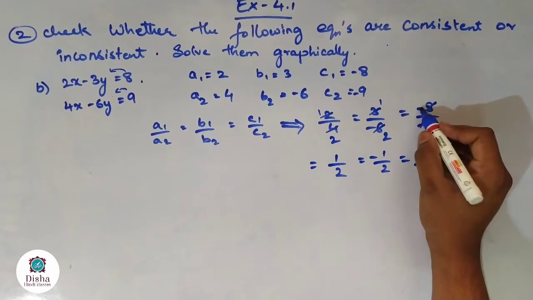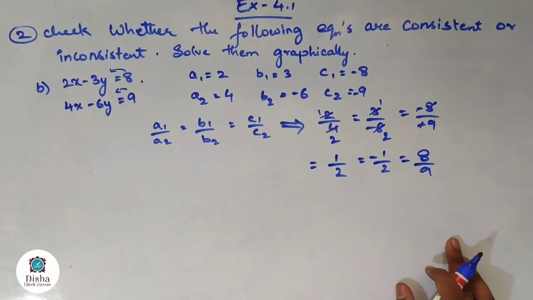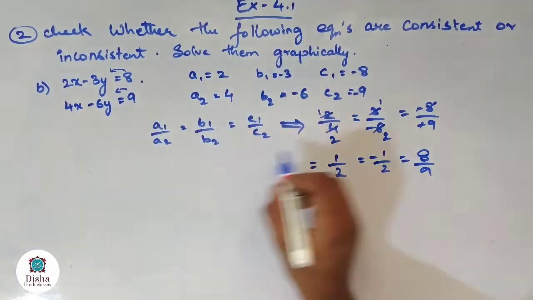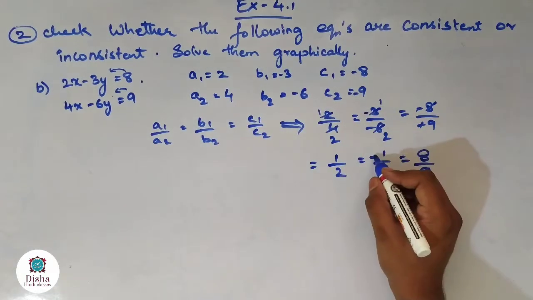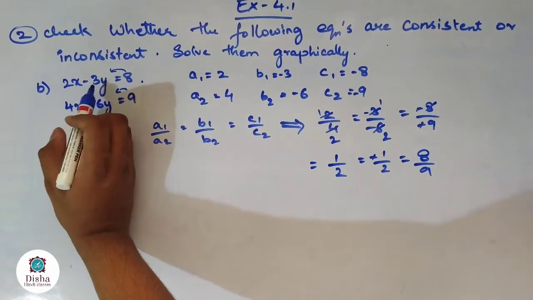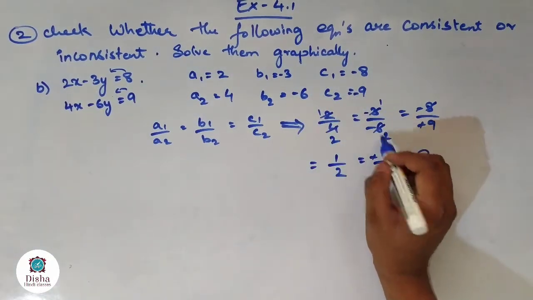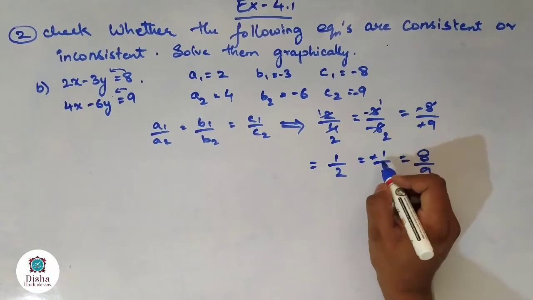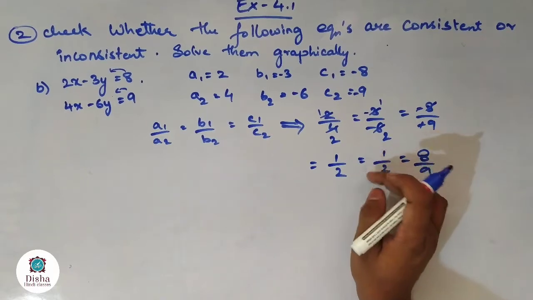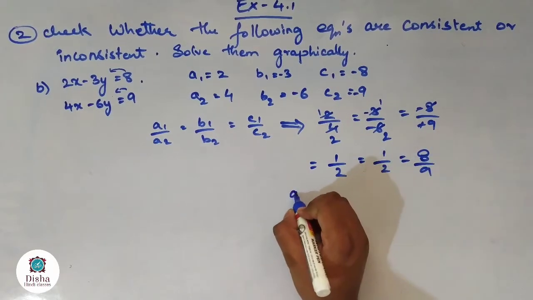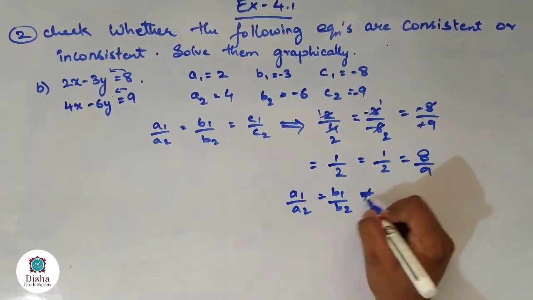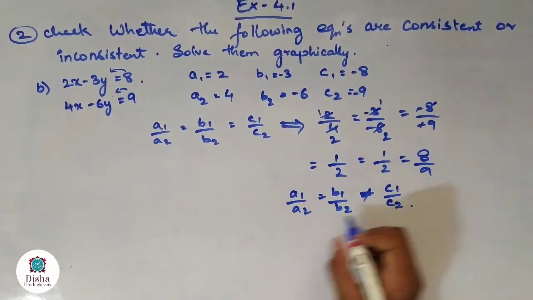Here we can cancel minus minus. Wait, b1 is minus 3, here we have a minus sign, I forgot to take it. So b1 is minus 3, minus 3 by minus 6 will be 1 by 2. This is plus 1 by 2, so I'll remove this minus sign. Therefore a1 by a2 equals b1 by b2 not equal to c1 by c2.